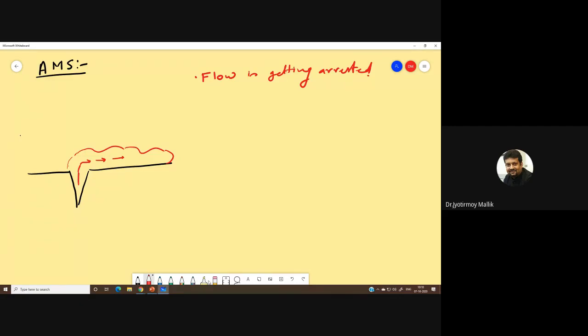What happens? The elongated minerals, or the minerals which have shape anisotropy. Now you see, I have used here one term called shape anisotropy. There is another term which we call crystallographic anisotropy.